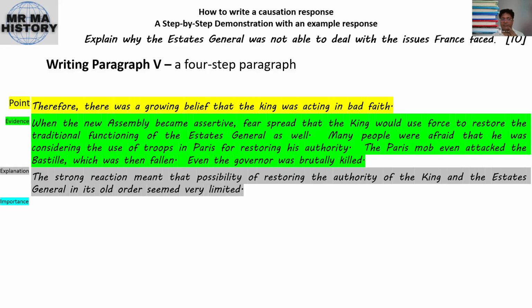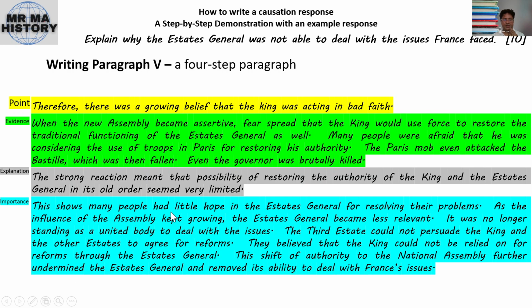So that means when the Estates General was not able to be restored to its original ways, the Estates General was actually not able to deal with the issues. Again, this is the explanation, and that is addressing the question.